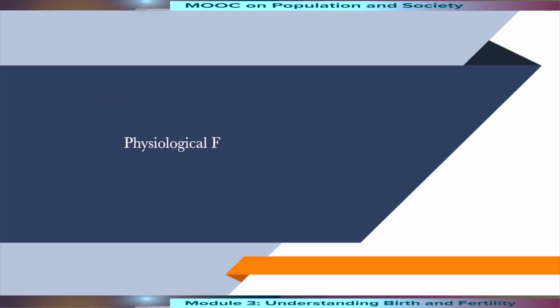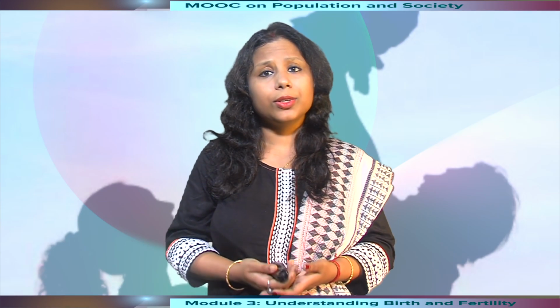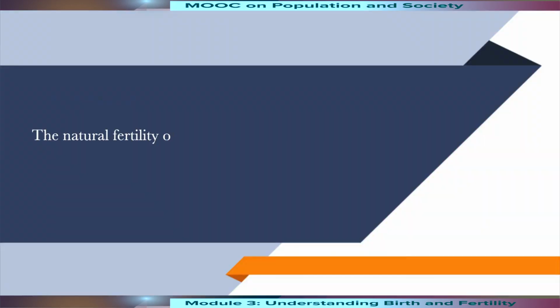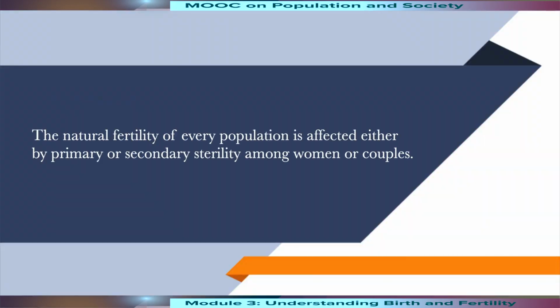Now the next factor is the physiological factor. Physiological factors too affect fertility. Sometimes there are certain periods in a woman's life when she is sterile and is not able to conceive. The natural fertility of every population is influenced or affected by primary or secondary sterility among women or couples.